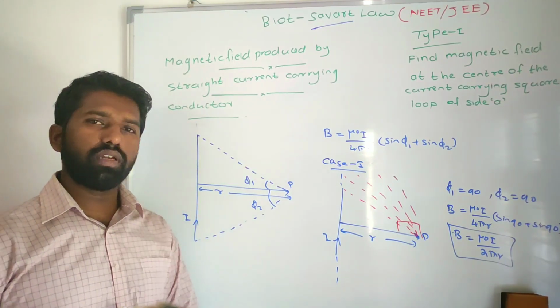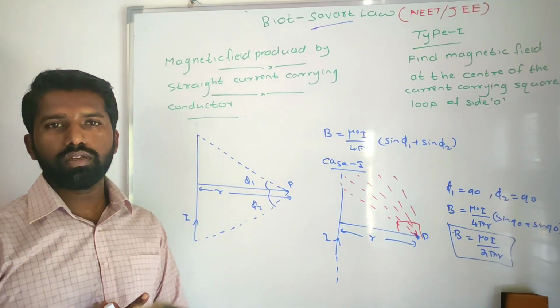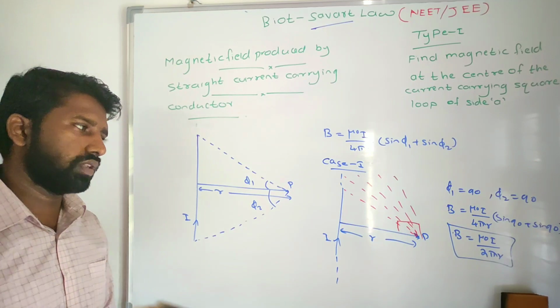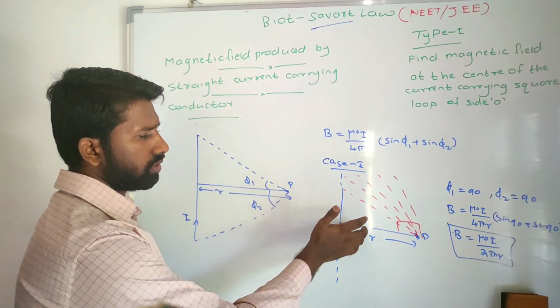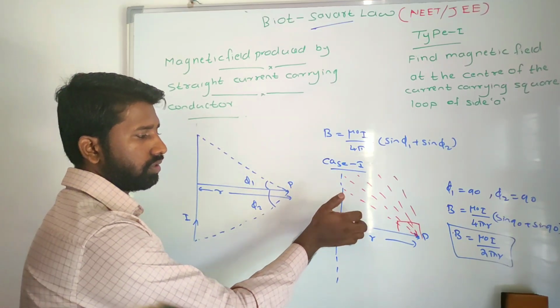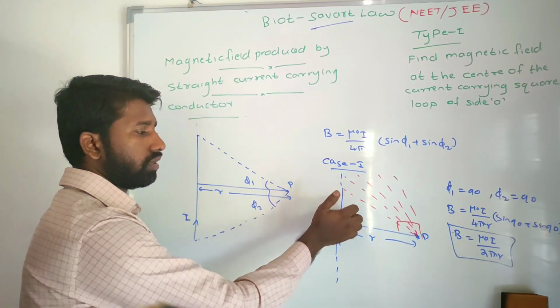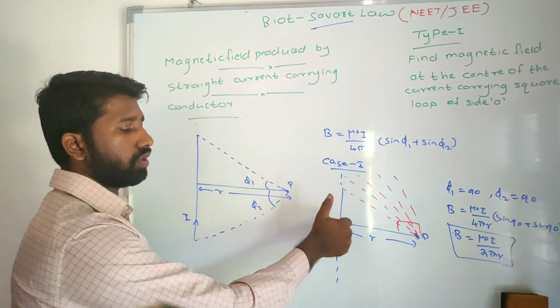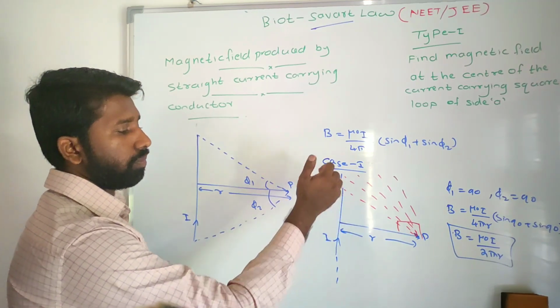How will you find the direction of the magnetic field? You can find it by using the right hand thumb rule. That means you have to imagine that you are holding this current carrying conductor in your right hand, with the thumb pointing in the direction of current, and the curled fingers give the magnetic field direction.